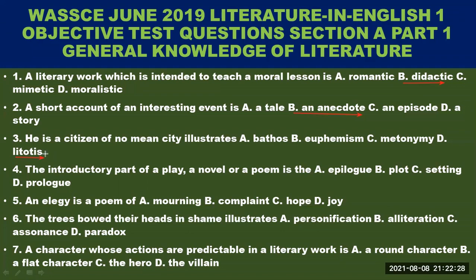But the opposite is litotes. Litotes, as a matter of fact, is when you use an understatement. And something obviously is missing here. Let me complete this. I think there's an omission here. Litotes has to do with, there is E here.